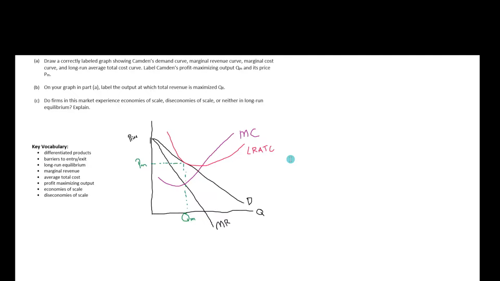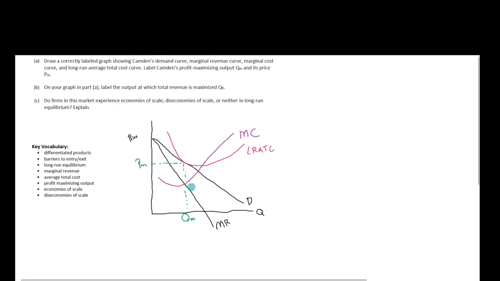So for part B, we need to figure out what is the output where total revenue is maximized. Where do we get the most total revenue? Well, remember, marginal means incremental, the next unit of something. So in this case, total revenue is maximized where marginal revenue crosses the x-axis. As you move down here, you're increasing total revenue all the way.